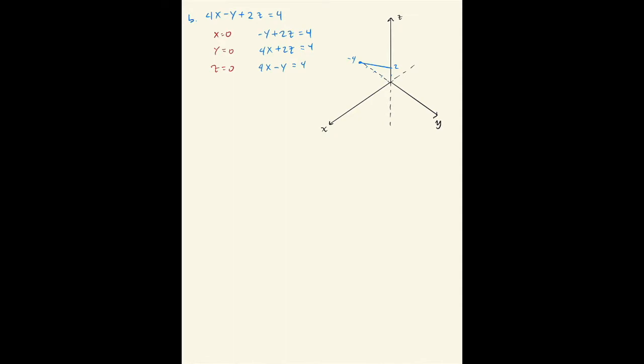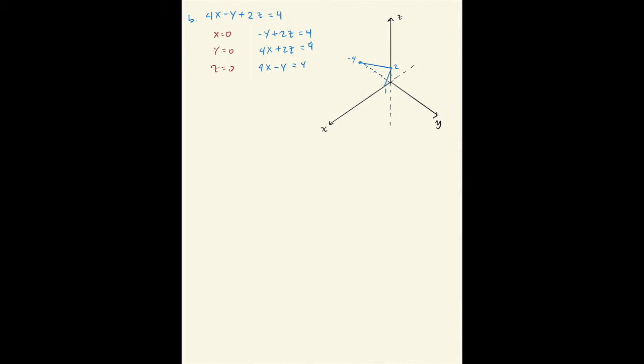And then the xz plane, z equaling 0, x is 1, this is 4. X is 1. And then when x is 0, z is 2. The same here. So let's connect this.